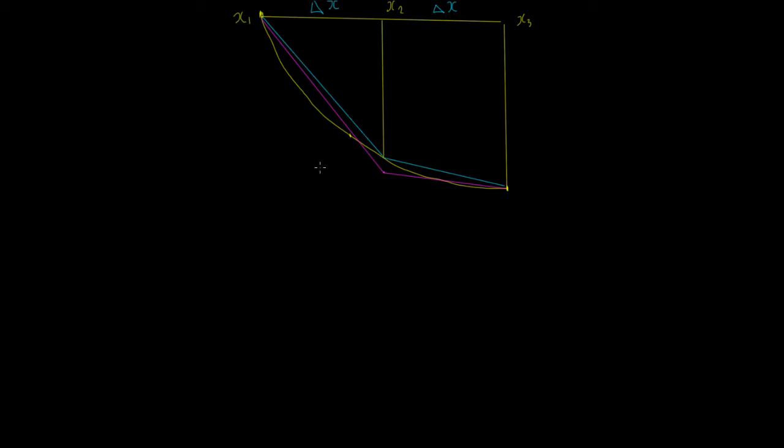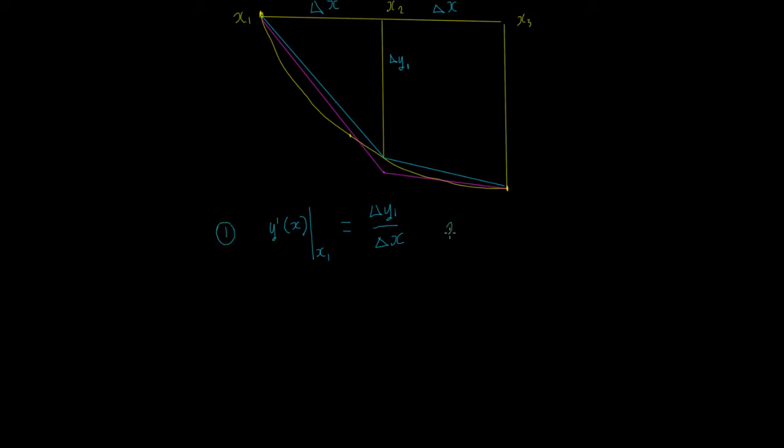That gradient there, we call y derivative of x, and the gradient there is defined at the point x1, and that will equal, if we call that distance there delta y1, and that distance there is delta x, then the gradient would be delta y1 upon delta x. So that's the first one.